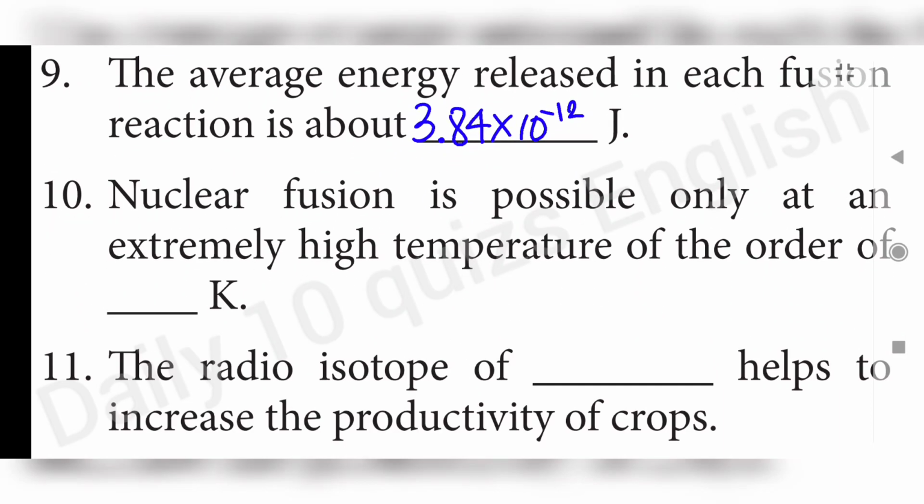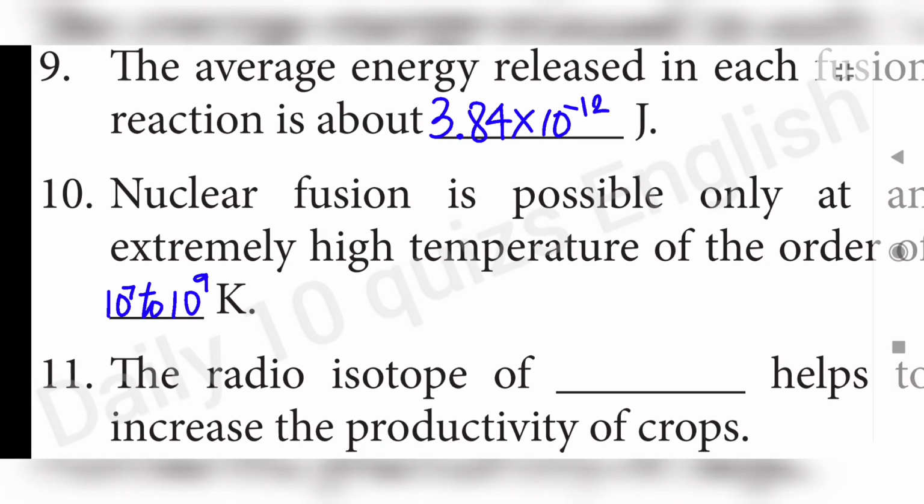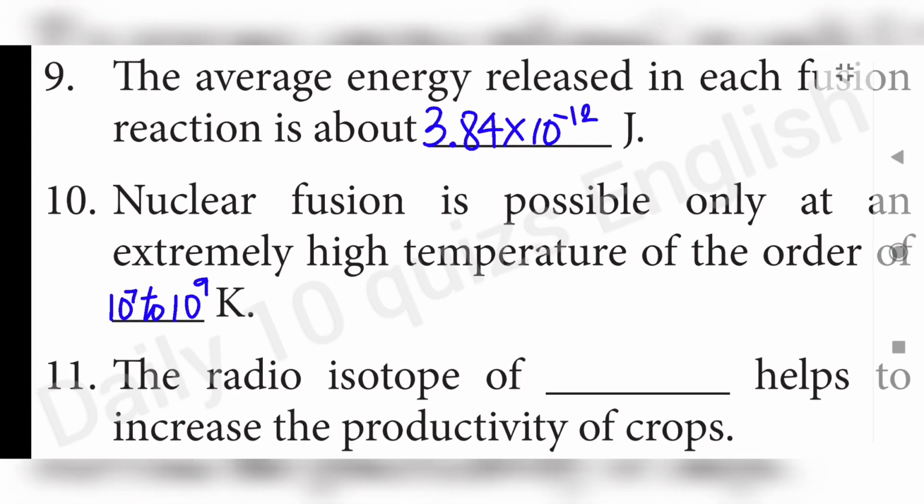Nuclear fusion is possible only at an extremely high temperature of the order of dash Kelvin. Answer: nuclear fusion is possible only at an extremely high temperature of the order of 10 power 7 to 10 power 9 Kelvin.